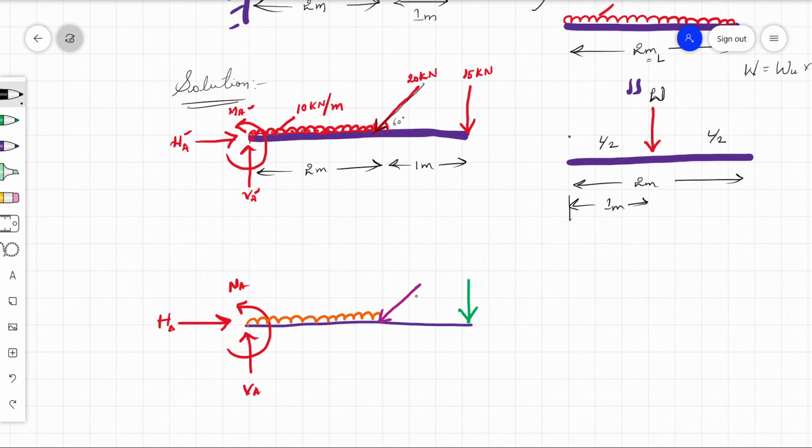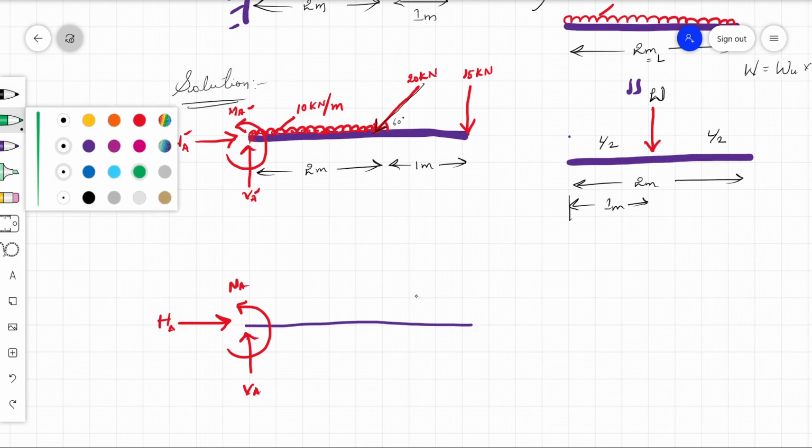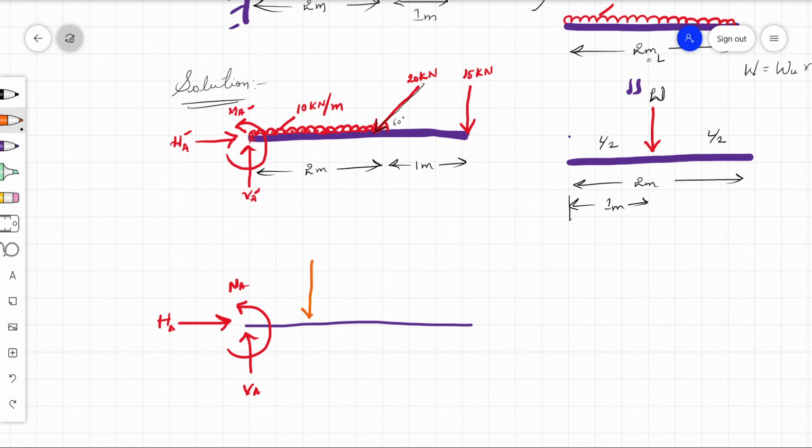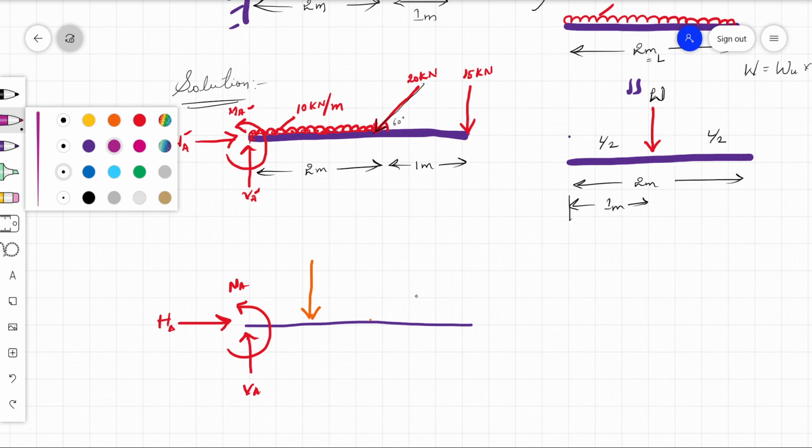But remember this, we have converted that UDL into a point load. We have converted that inclined load. Okay, I changed the color to that. So what color we have taken? Okay, this one.